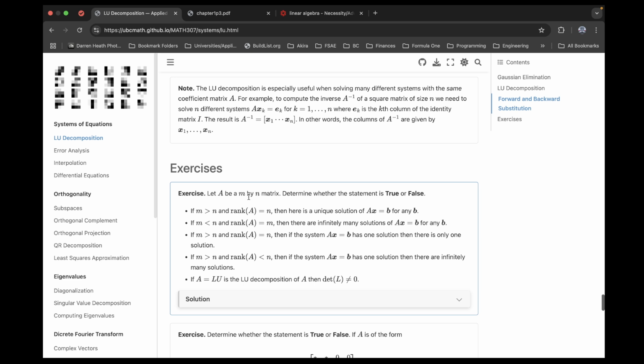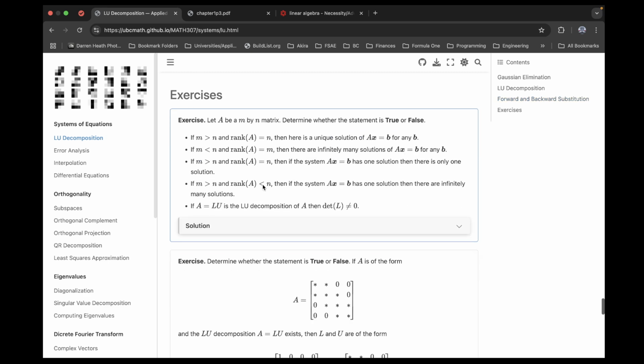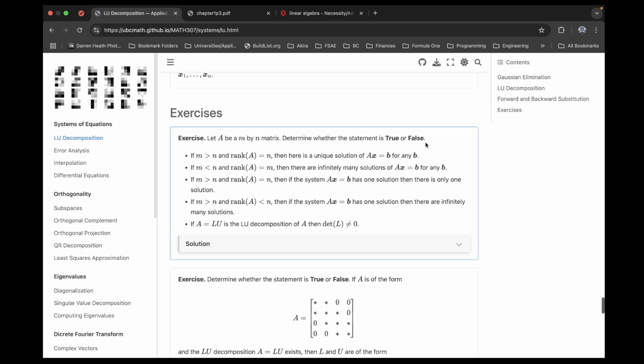Okay, let A be an m by n matrix, so m rows and n columns. Determine whether the statement is true or false. If the number of rows is bigger than the number of columns and the rank of A is n, then there's a unique solution. If you have more columns than rows, then we can't possibly have a unique solution.